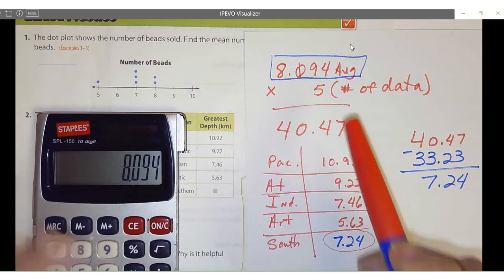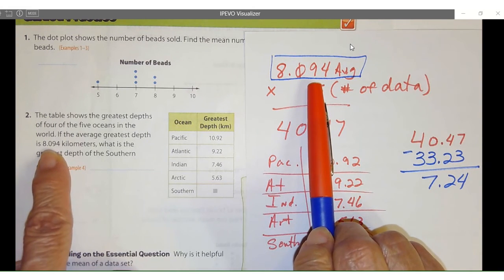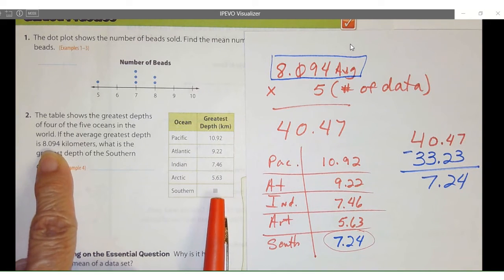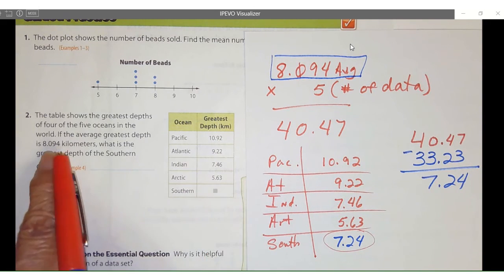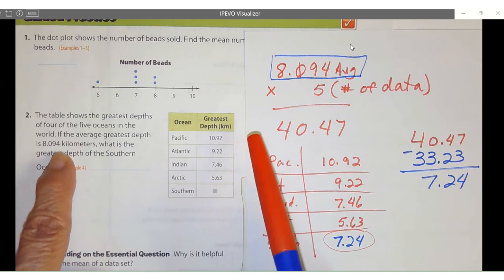So we were correct. So remember, this number here is the average that they give you. This number is when we add these, because this part's missing. So you always take the average that they give you, or the average mean.